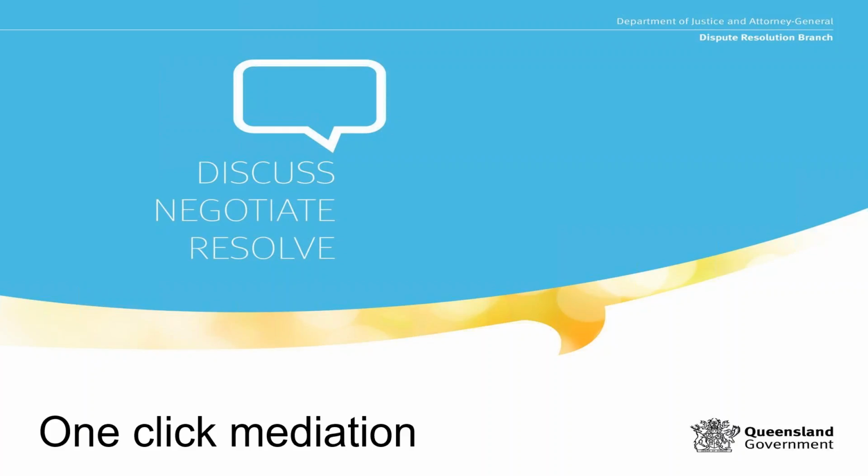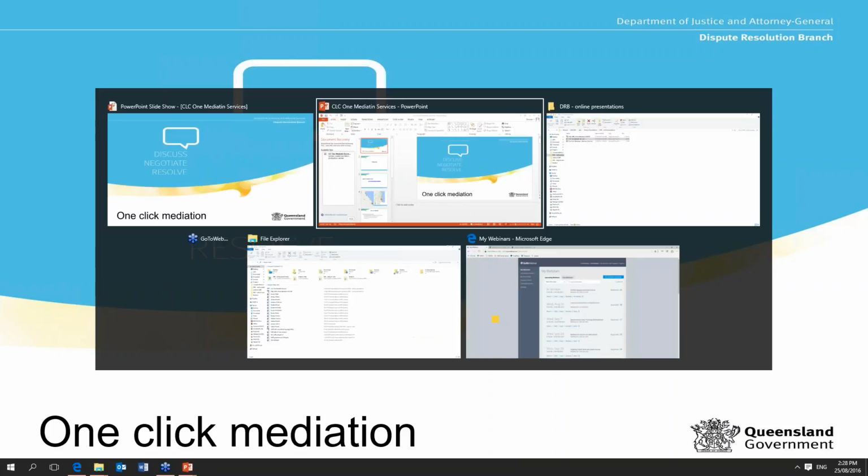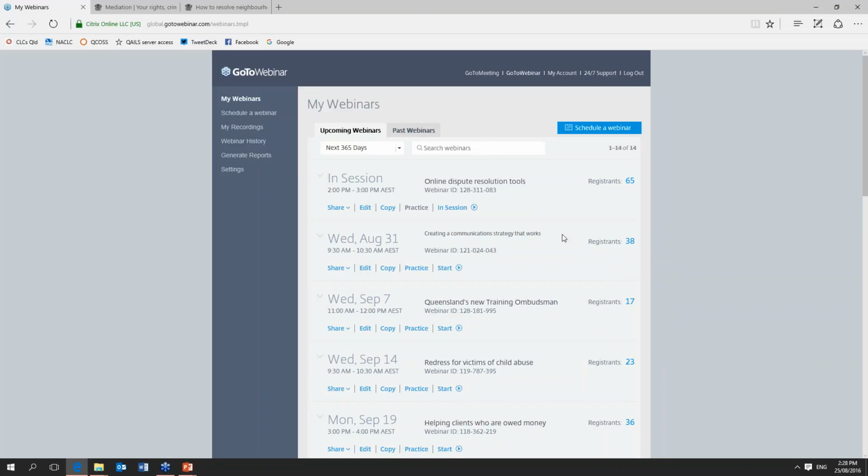So the first one that I want to talk about is the Apply for Mediation tool. Basically, this is a way for people to put in an application for mediation and approach the Dispute Resolution Centre that way.